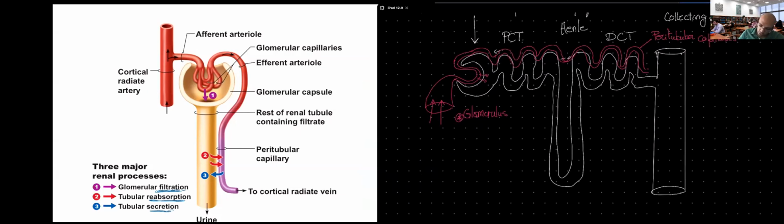The third type of capillaries that we've got was a set of vessels that will run straight surrounding the loops of Henle, and they are prominent in the nephrons with long loops of Henle. Those are vessels that are running straight. This is my vasa recta.